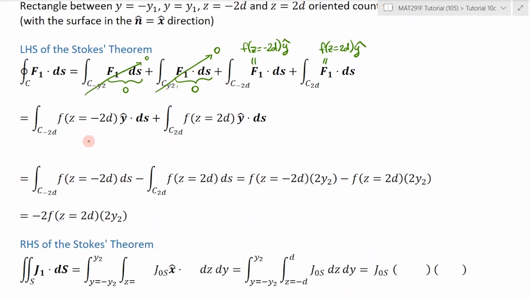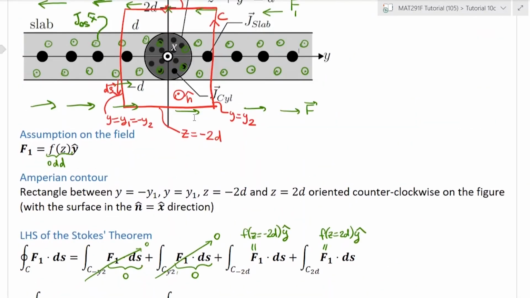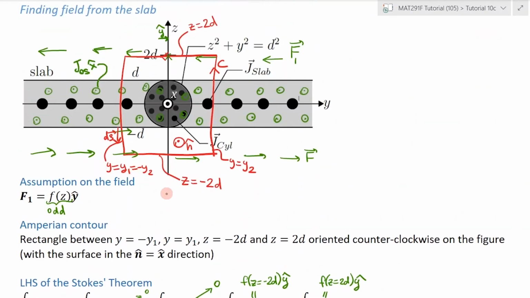Then the next thing I did is this. I realized that for the bottom contour, y hat is going to the right. Let me just write it here. For the contour c negative 2d, we have y hat dotted with ds.